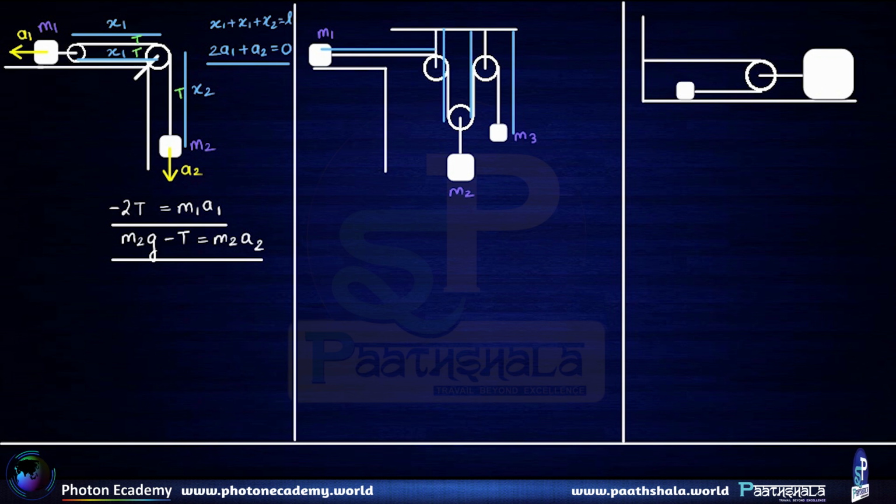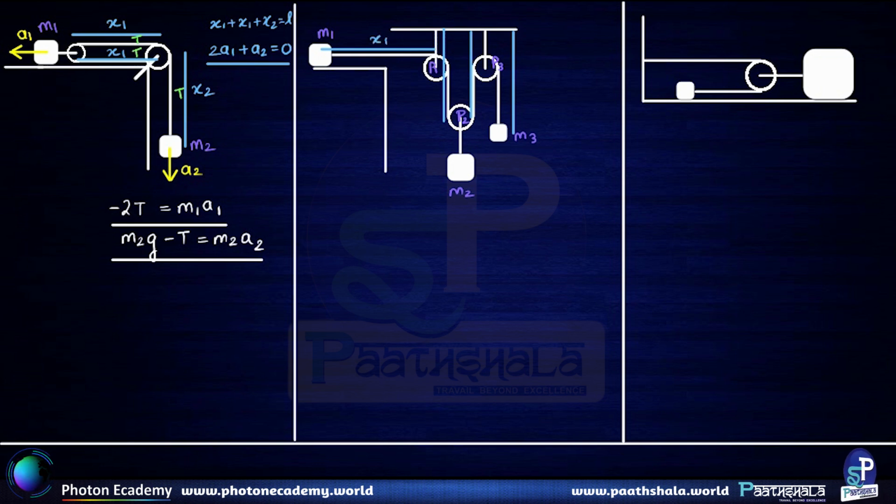So you might have noticed that I have taken x2 to be till pulley P2 only. This is okay in this case because M2 is rigidly connected to the pulley P2. That means m2 is not moving with respect to the pulley P2. That also implies that the acceleration of P2 is going to be the same as the acceleration of mass m2.